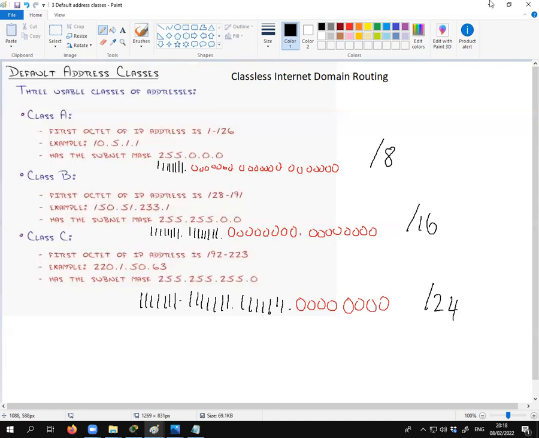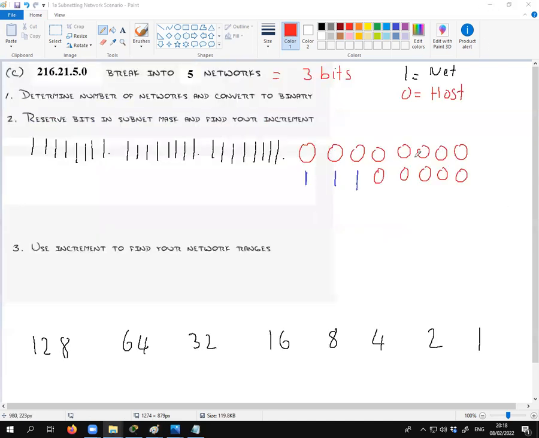So our default here of class C is what? /24. But we've changed it. What's our new subnet mask going to be? It's going to be /27. Very good, because you add on those.